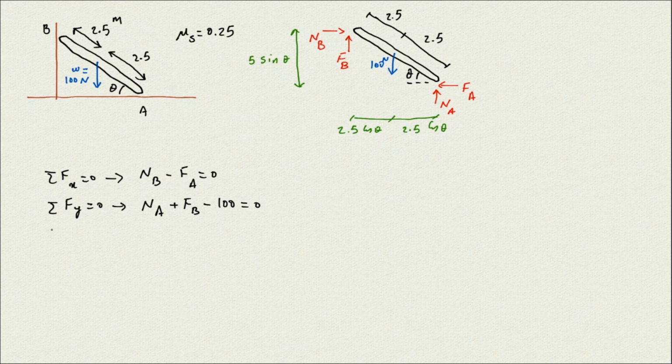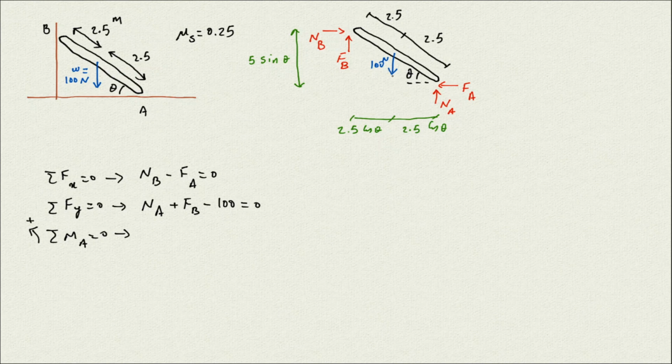And then if I write the sigma moment about point A to be 0, assuming counterclockwise positive, FA and NA both go through point A, so they don't have any moment, but the other forces do.